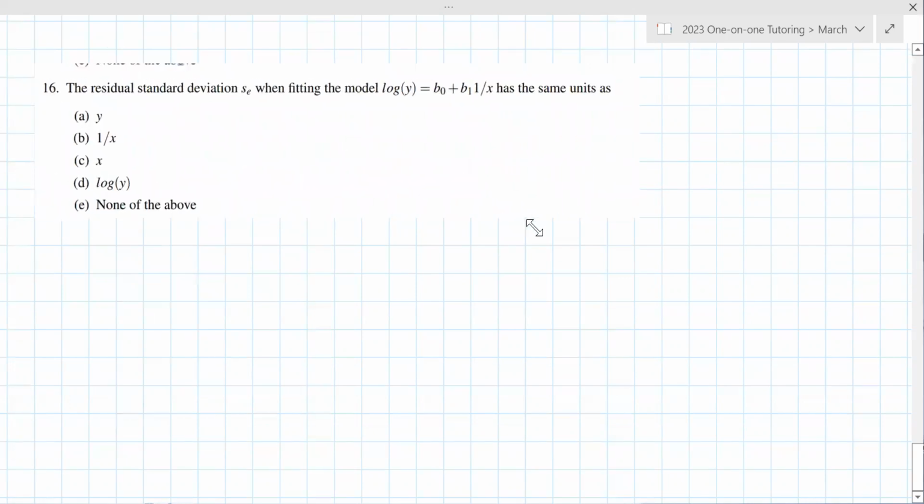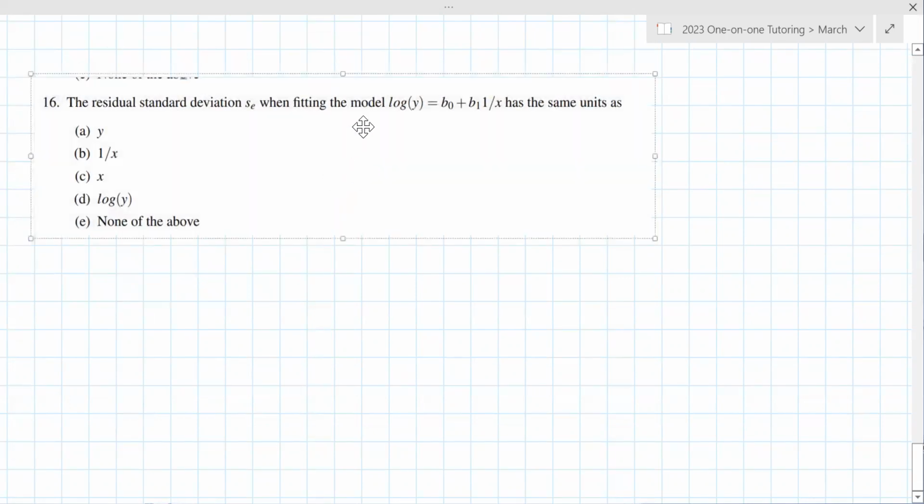And then for 16, the residual standard deviation when fitting the model has the same units as... Sometimes you have to just go back to what the units are.